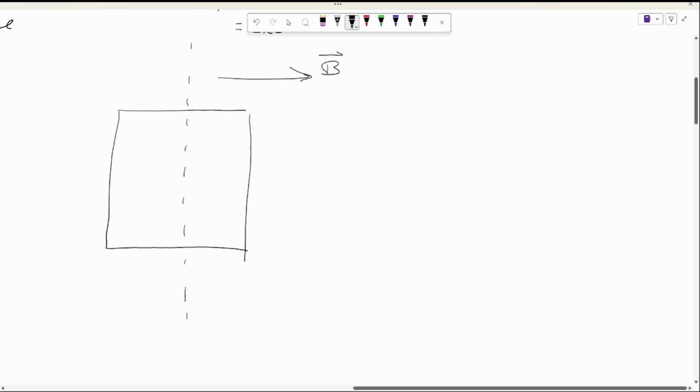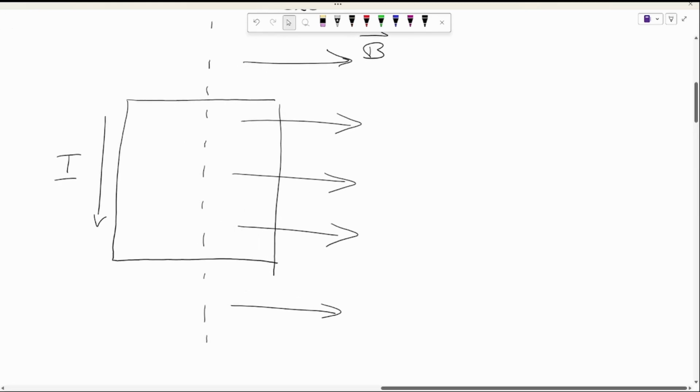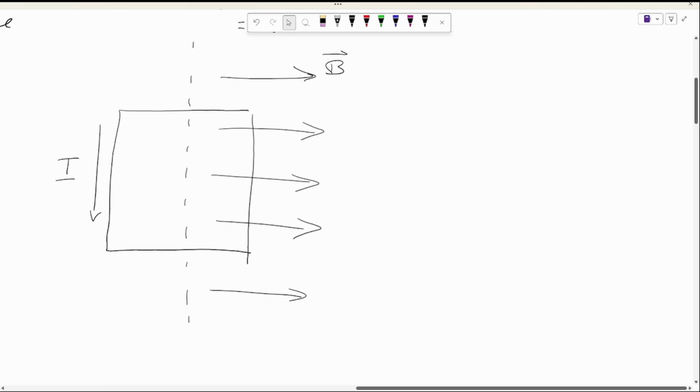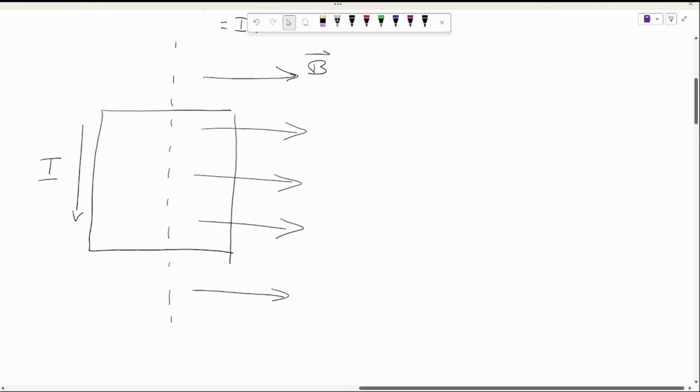A uniform B field pointing to the right. And we have a current flowing around the coil in this direction. How will the thing spin? And how much torque, I suppose.